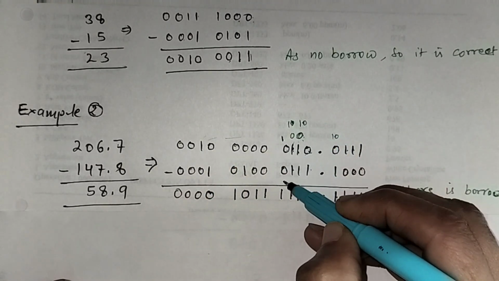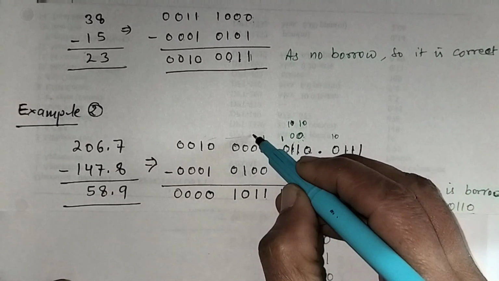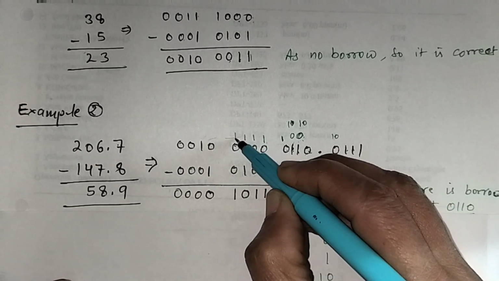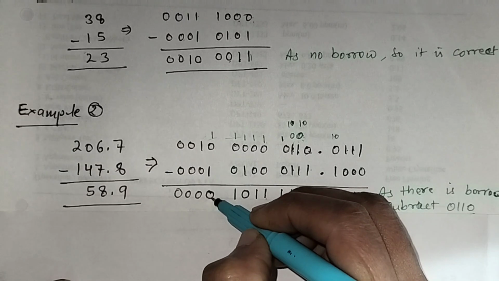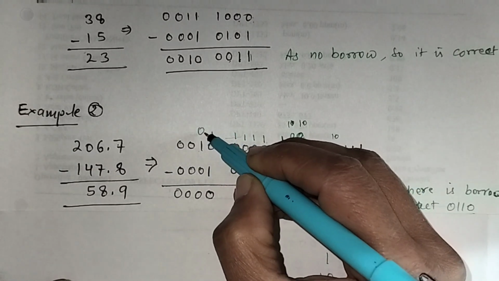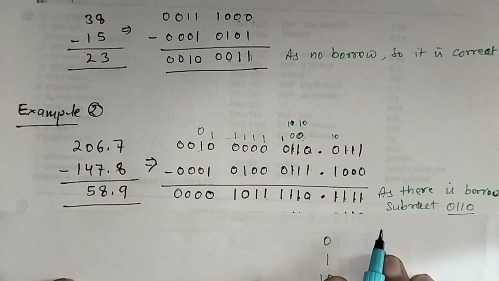So 1 minus 0 will be 1. Here also 1 minus 0 will be 1. And 1 minus 1 will be 0. 1 minus 0 will be 1. And this is also 1 minus 1 will be 0. And as borrowed from here, so it will be 0. So 0 from 0 will be 0, and all these are 0. So this is the number.